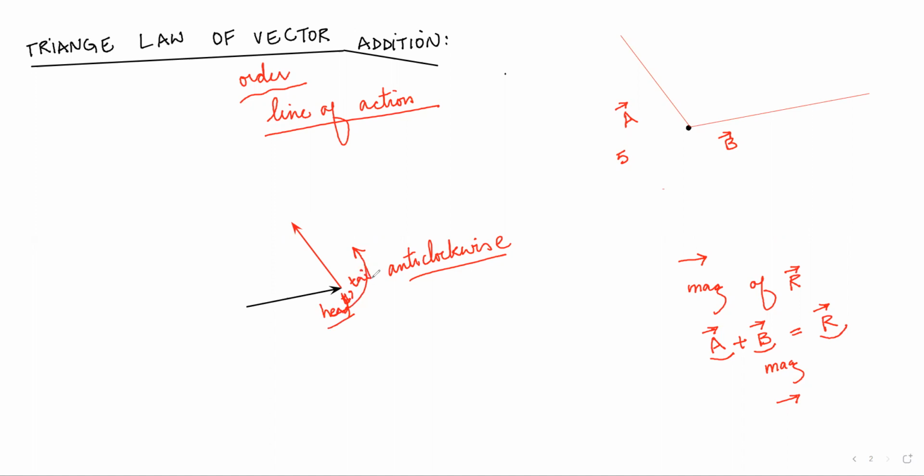Then they are in the same order. So students, these two vectors I have represented as two sides of a triangle taken in the same order. Now close the triangle. The closing side of the triangle taken in the opposite order will give you the direction as well as magnitude of the resultant.